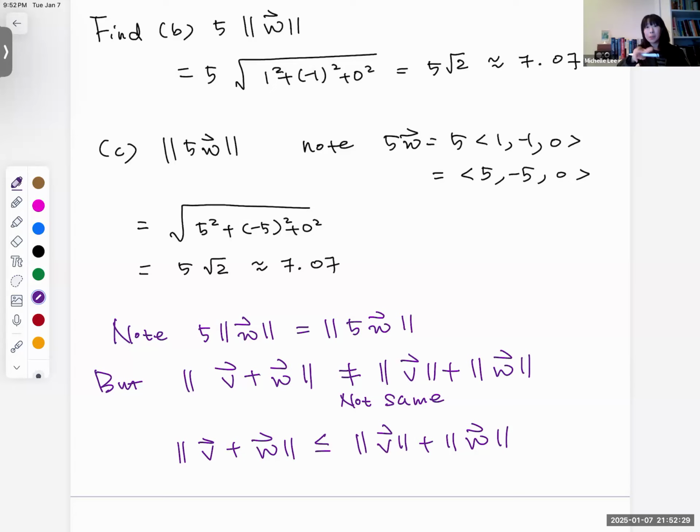The magnitude of the sum of two vectors is less than or equal to the magnitude of the first one plus the magnitude of the second one, right? We call this the triangle inequality.